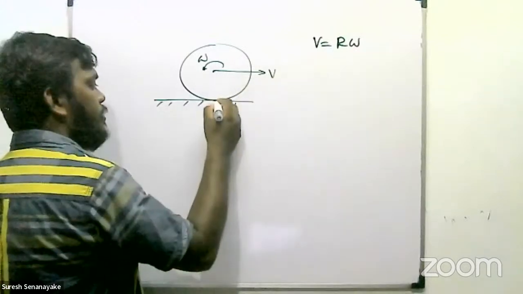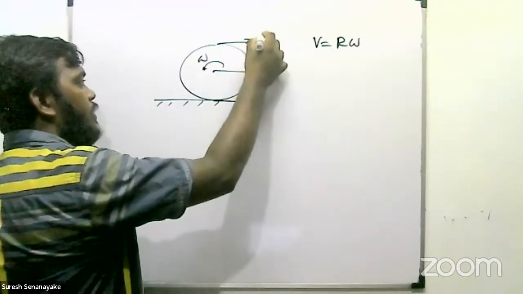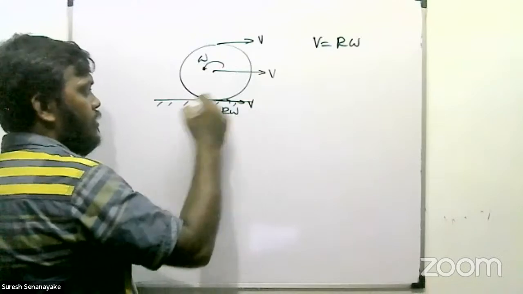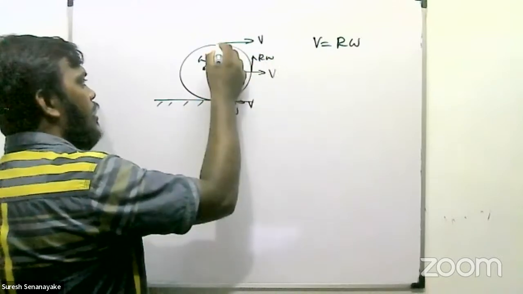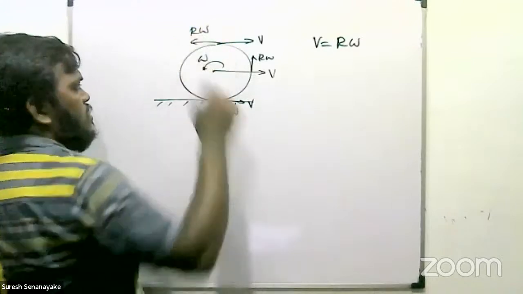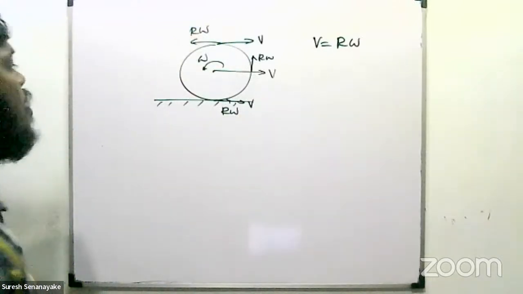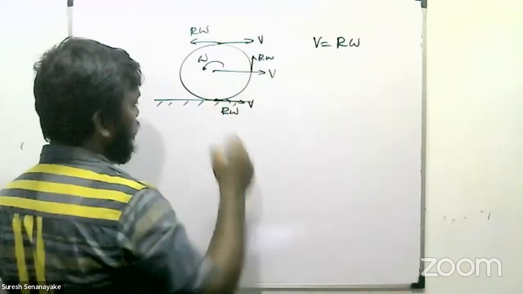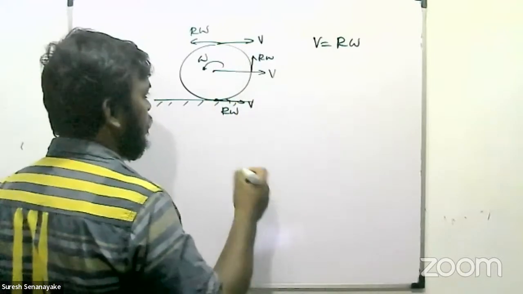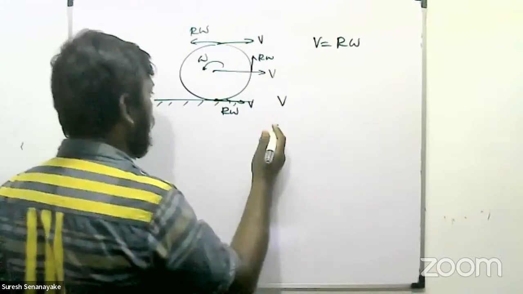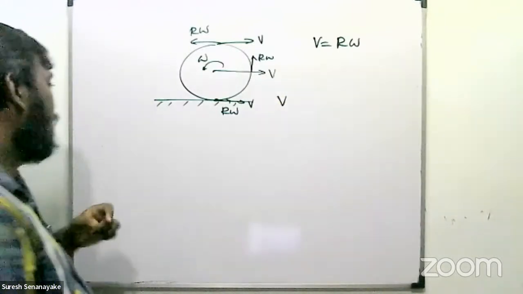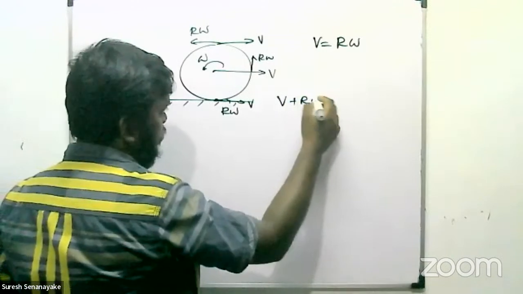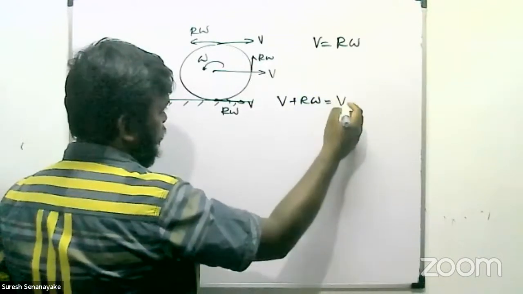This velocity produces rotation of all the particles: R omega in this direction, here R omega in this direction, and here R omega to the side. The relative velocity between these two bodies at the contact point, with respect to this, is V plus R omega. So the relative velocity.